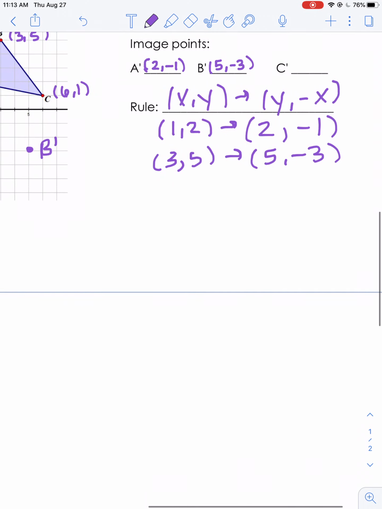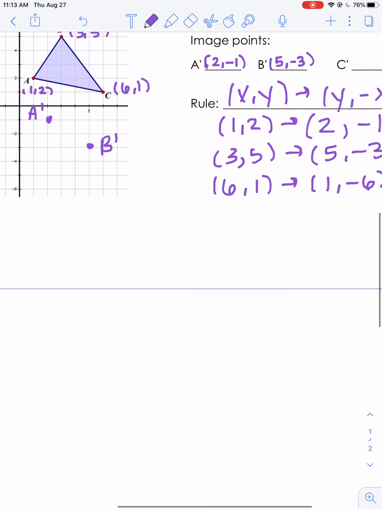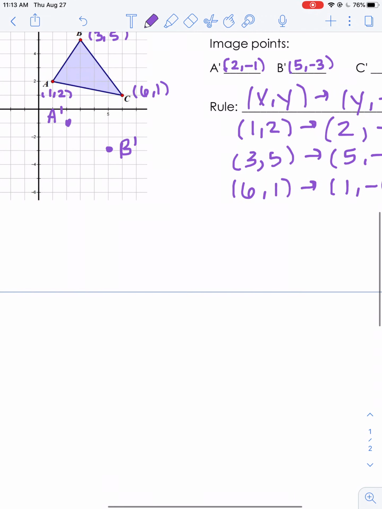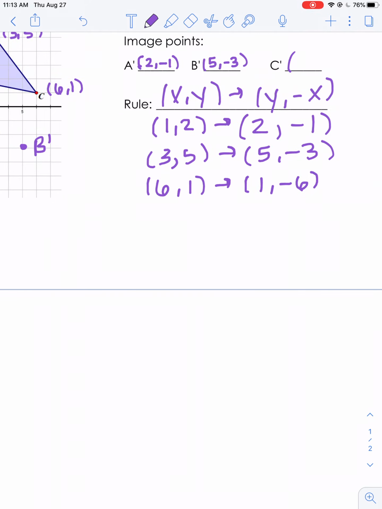And the last one, C, in the pre-image is at (6, 1). And that will become (1, negative 6). So I'll plot C prime at (1, negative 6), right there, C prime. Oops, I'll write it up here for us as well.